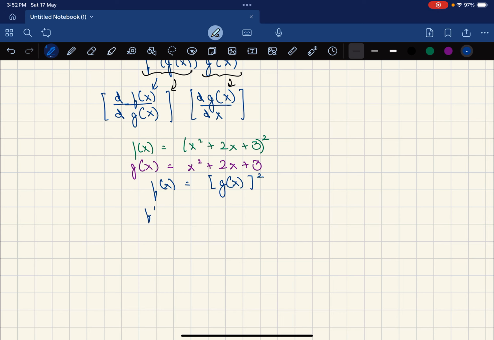Now f'(g(x)), which is df(x) upon dg(x), so we are differentiating f(x) with respect to g(x), would be nothing but 2 of g(x). This is because g(x) can itself be considered as a variable, let's say y, and the derivative of y square is 2y. Therefore we have 2 of g(x) as the derivative here.